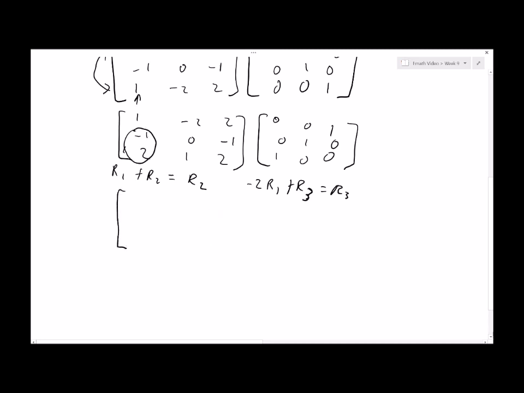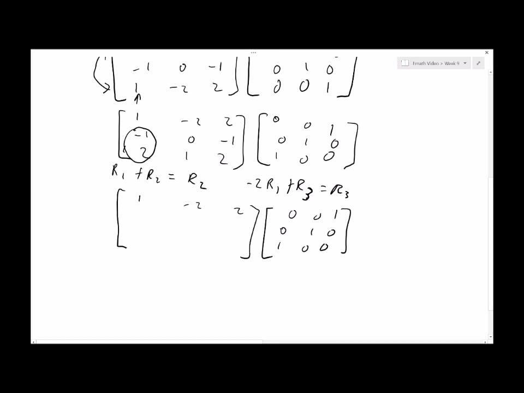So row 1 plus row 2. 1 plus a negative 1 is 0. Hold on, let's rewrite our first row. Oh sorry, I should not have rewritten everything because we haven't finished.